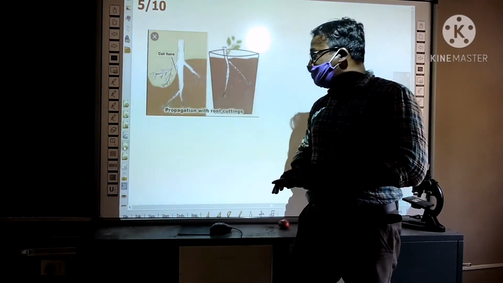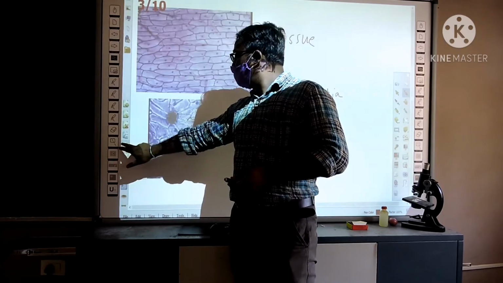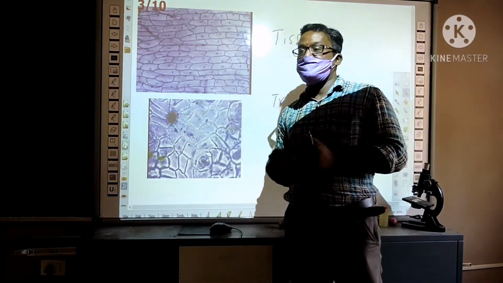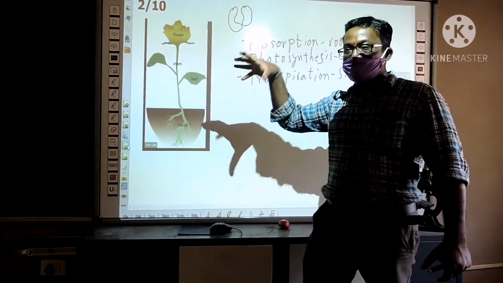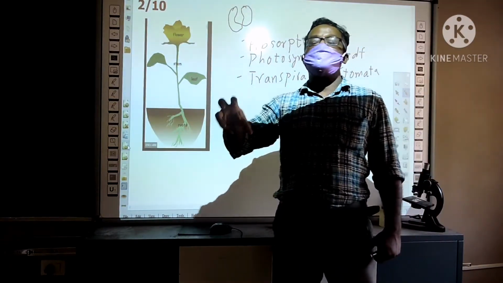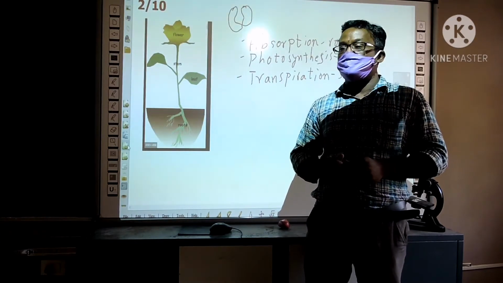From these activities, what we have understood is that there is a different arrangement of cells in different parts of the plant. What is the reason? The structure of the cell is related to the function. Understand?